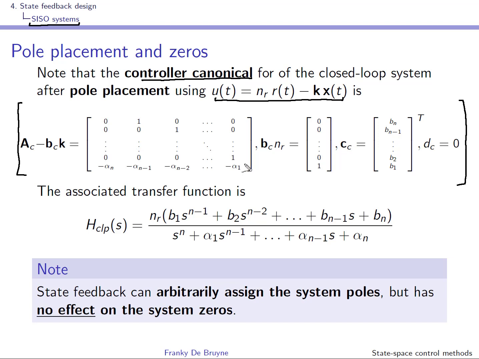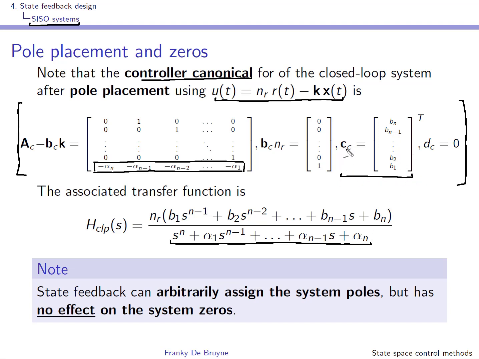Remember that the elements that you have got here on the last row of the state matrix in closed loop are the ones that you find in the characteristic polynomial at the denominator, and the ones that you find over here in the C row matrix are the ones that you find in the numerator. Okay, but these have not changed.